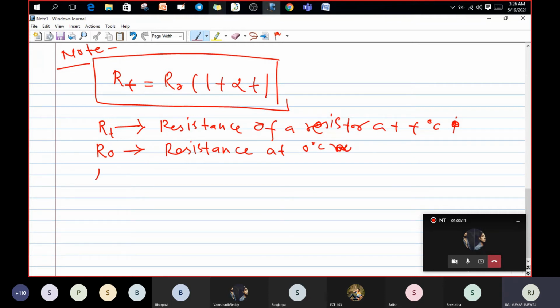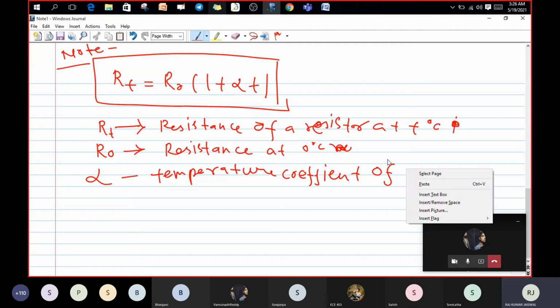Okay, what is alpha? Alpha is nothing but the temperature coefficient. Yes, this is a very important formula for your further studies.